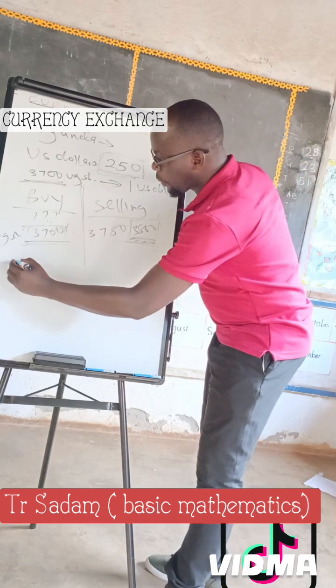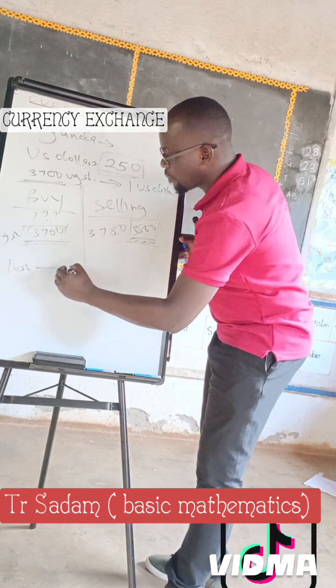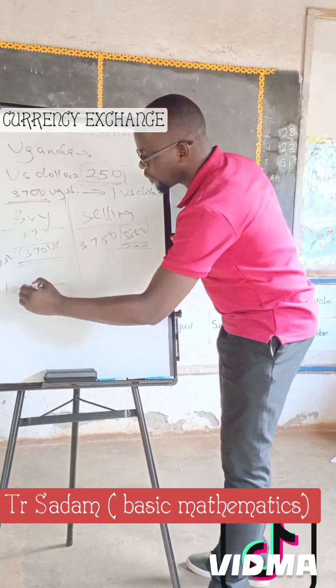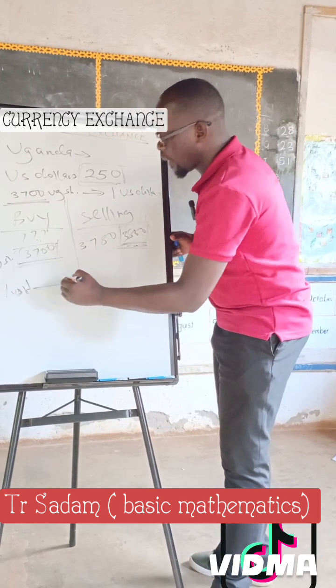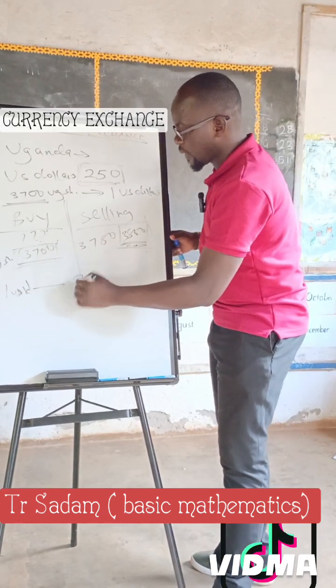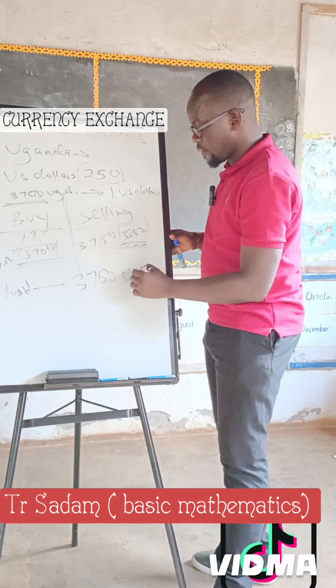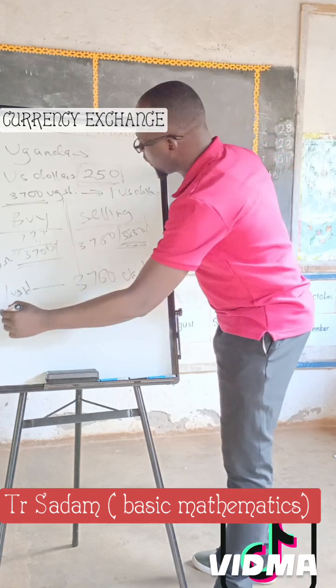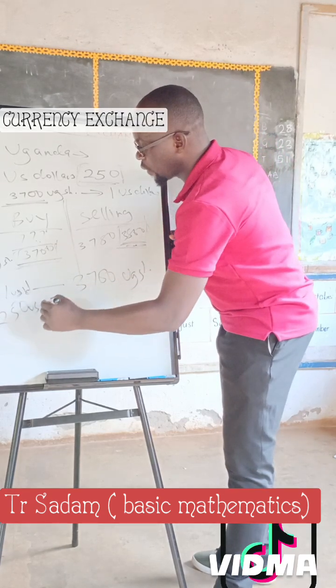Let's look at this. We have 1 US dollar being equivalent to 3,700 Ugandan shillings. What about these 250 US dollars?